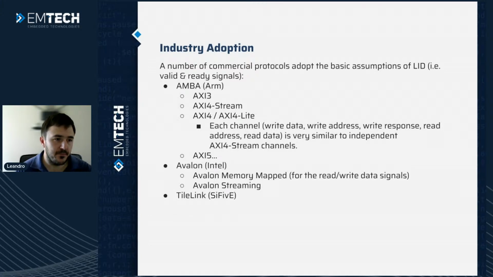On the Intel side, the read and write data channels for the Avalon memory mapped implement these kinds of signaling, and Avalon streaming looks a lot like AXI4-Stream in a number of ways. Beyond the basics, it starts to differ a little bit, but it's not a big deal. I put just an example, TileLink from SiFive, as another commercial protocol.